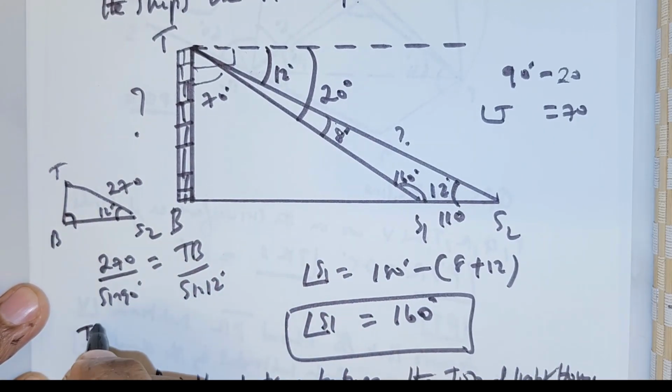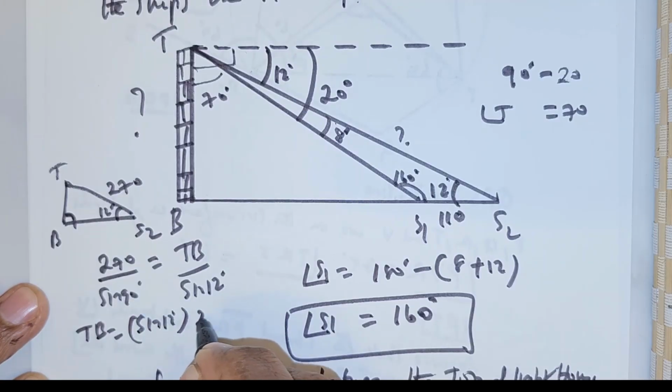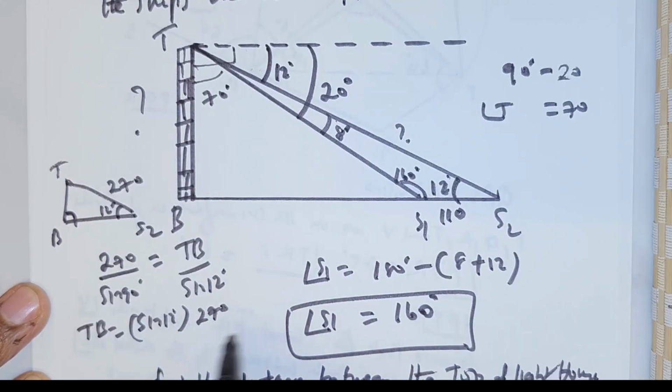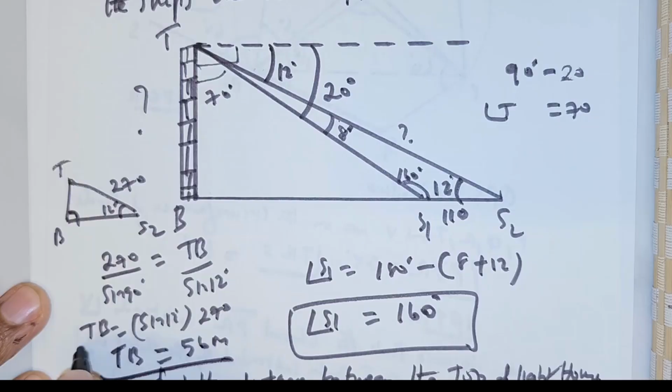Now TB is needed, so TB is equal to sine 12 degrees times 270. Sine 90 is 1. So sine 12 multiplied with 270 gives us a value of 56 meters.